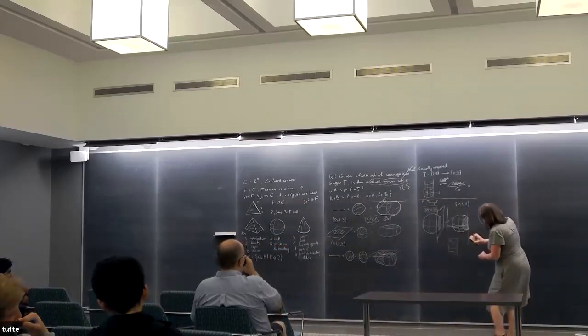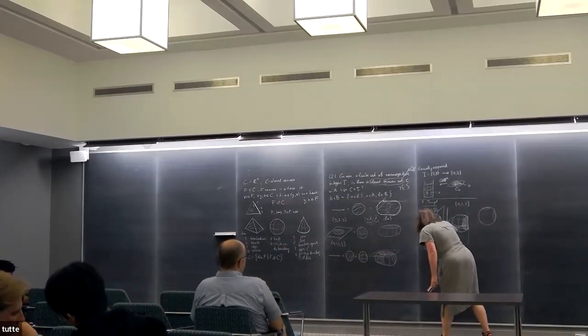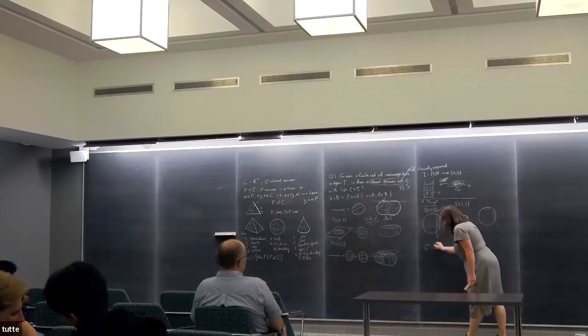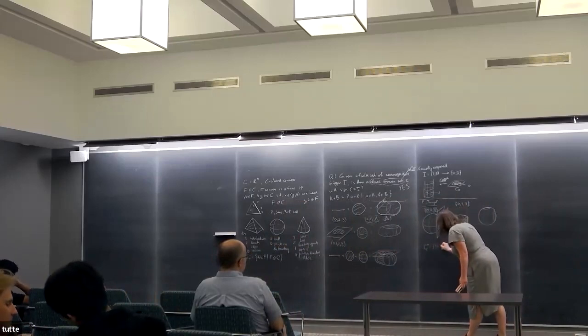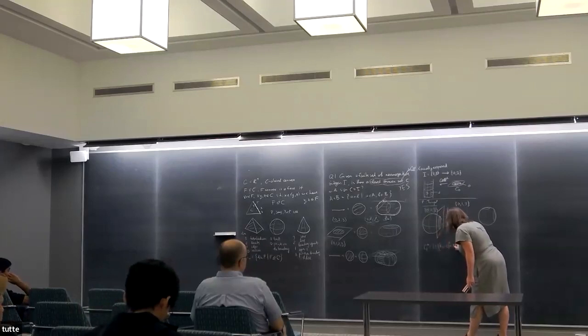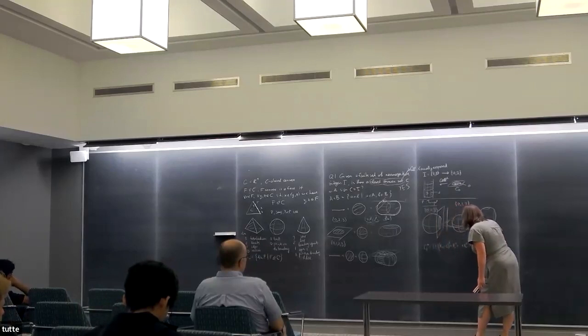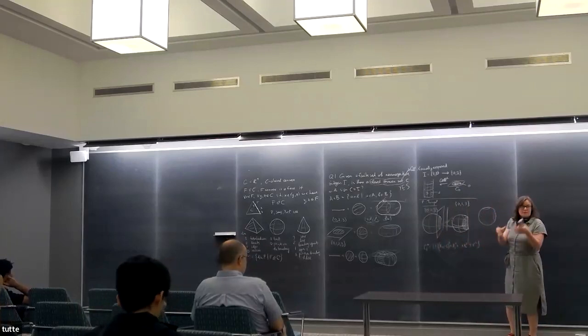So maybe we can even write those objects down. I will have something like this. So I can have objects like this. They generalize what the cylinder is.